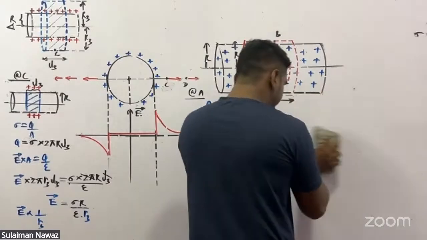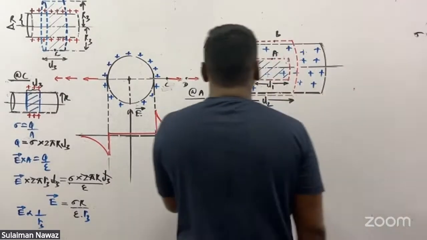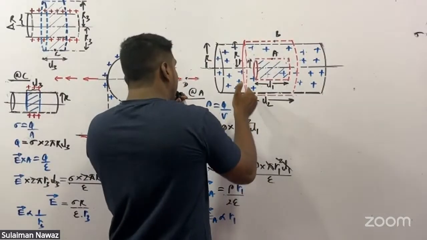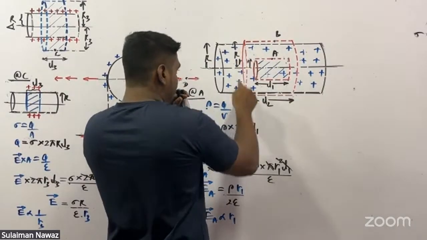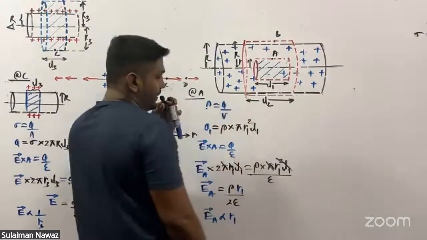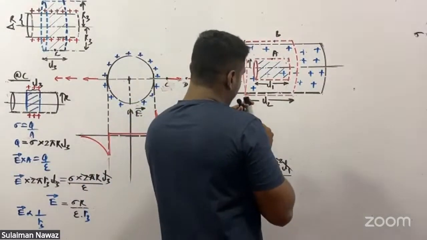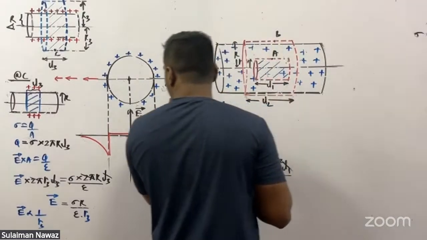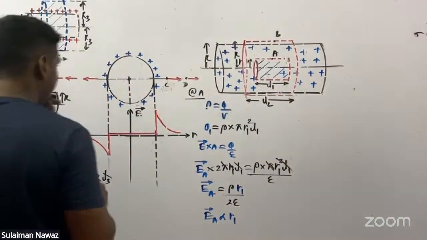Now if I want to find the intensity, first of all I want to find the total charge covered by the Gaussian surface. The same story.